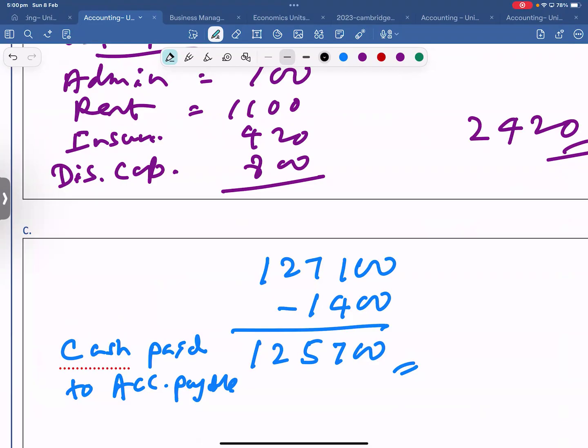Mainly verifiability is about the source document. It is supported by the statement of account, because it refers to the source document references. At the end, the objective is faithful representation.